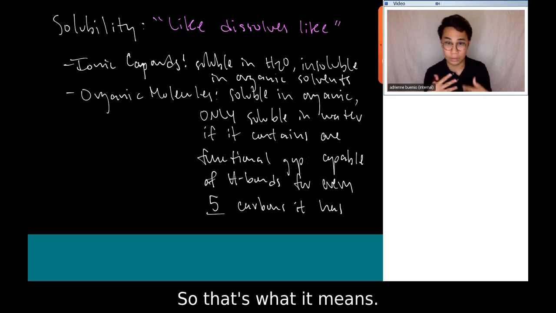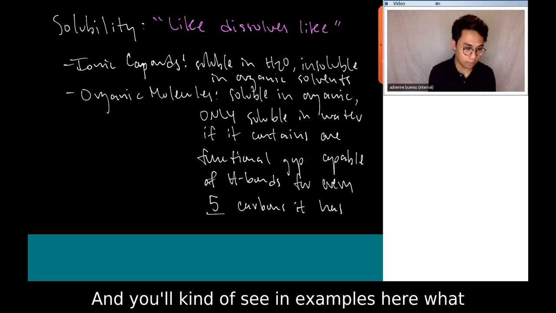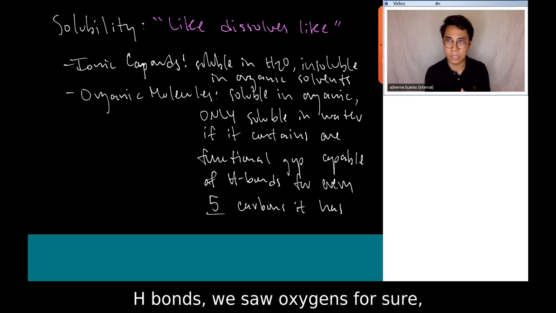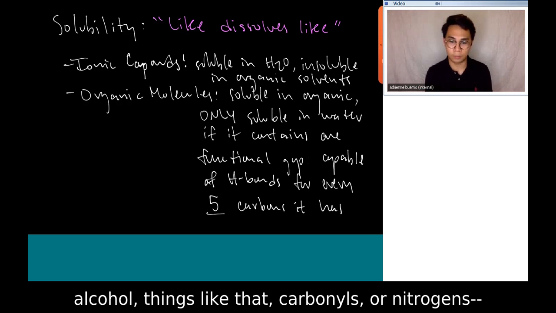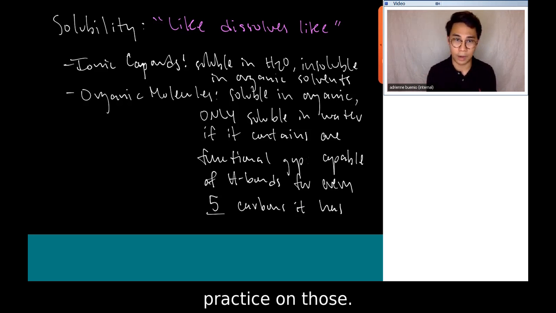You'll see in examples what they mean by that. We know functional groups capable of H bonds: oxygens for sure, alcohols, carbonyls, or nitrogens, the amides. Keep a lookout for those, and we'll definitely practice on them.